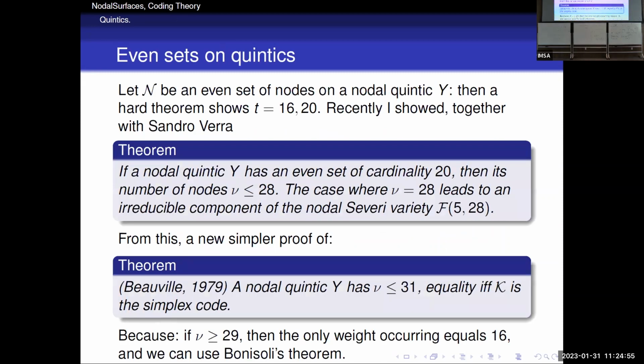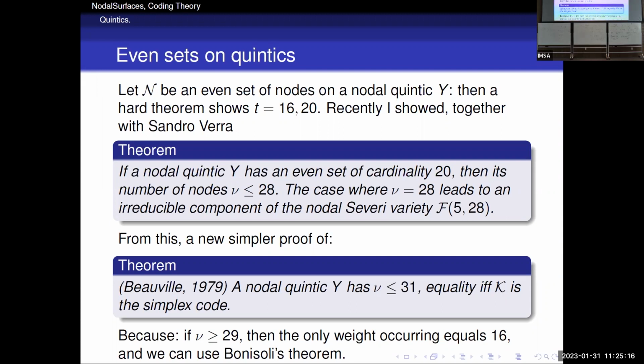And now it turns out, due to a theorem proved by Rubin and also proved together with Casnati, that for a quintic surface, the only possible weights of the vectors are 16 and 20.